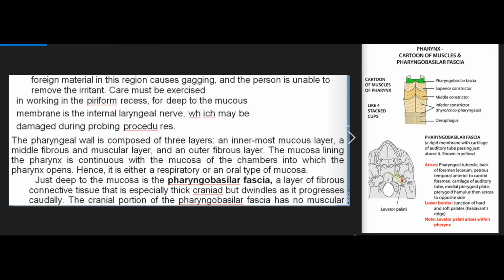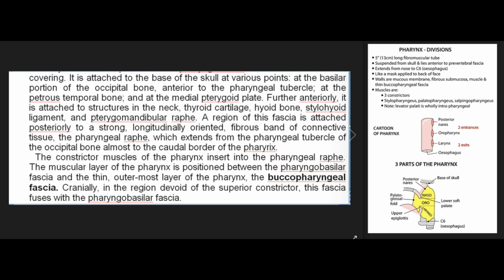The cranial portion of the pharyngobasilar fascia has no muscular covering. It is attached to the base of the skull at various points: the basilar portion of the occipital bone, anterior to the pharyngeal tubercle, at the petrotemporal bone, and at the medial pterygoid plate. Further anteriorly, it is attached to structures in the neck: thyroid cartilage, hyoid bone, stylohyoid ligament, and pterygomandibular raphe.